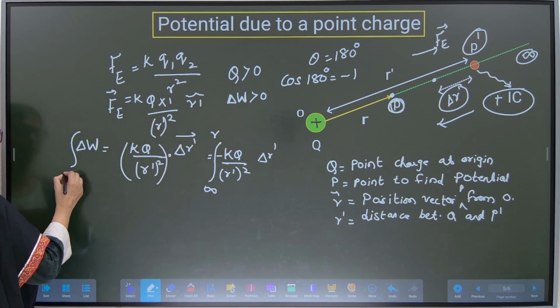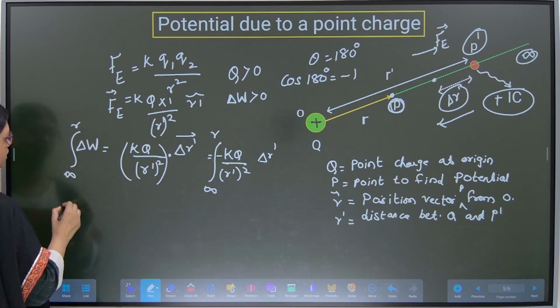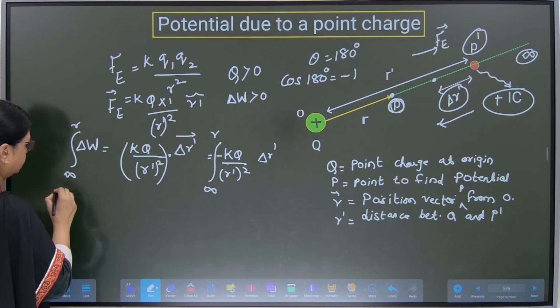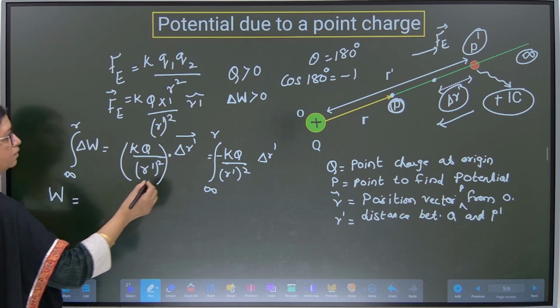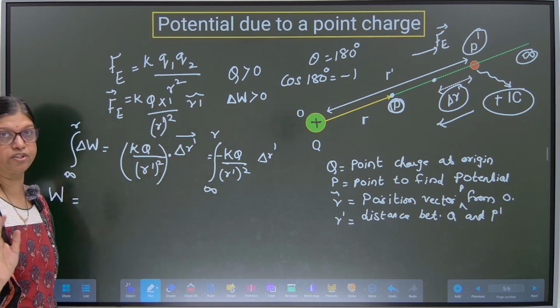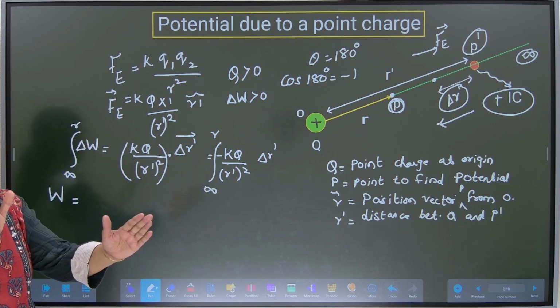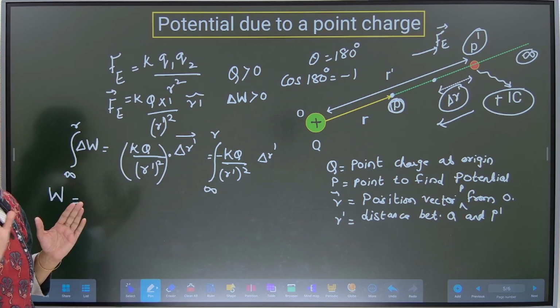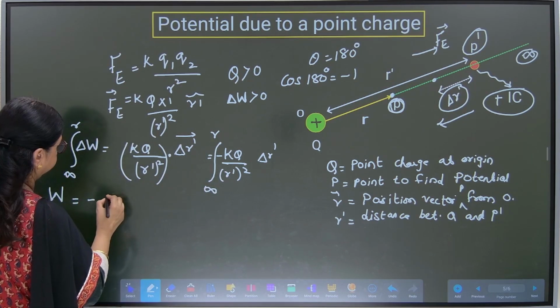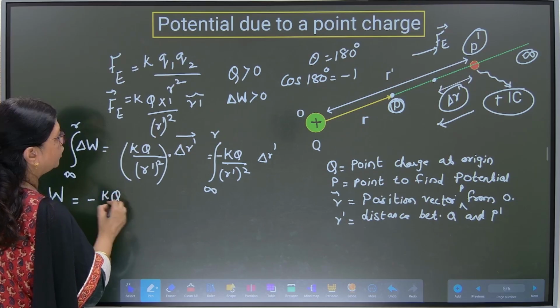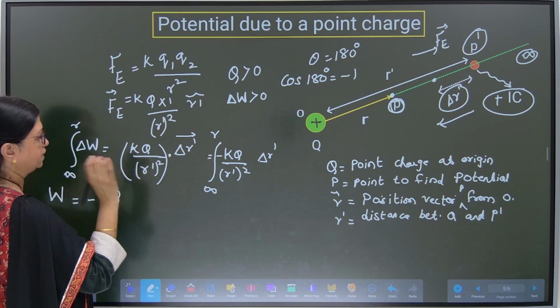Here also I can write infinity to R. This is the meaning of total work done. And whenever there is integration, whatever constants are there, I have to bring them outside. What are the constants here? Negative K Q. These are the constants.